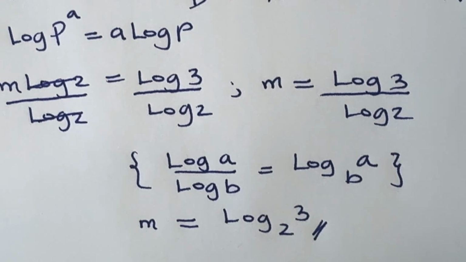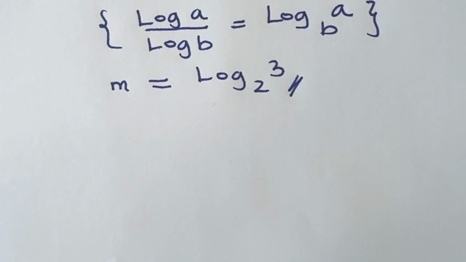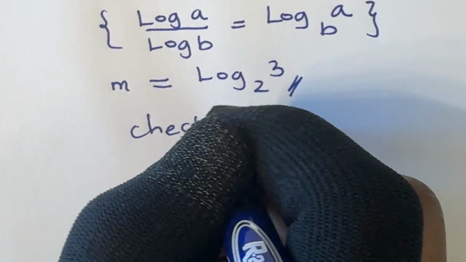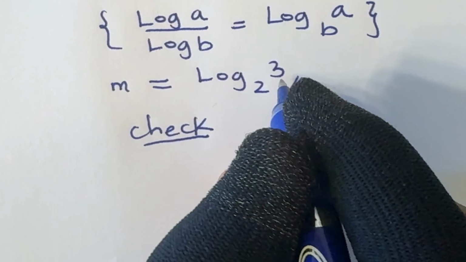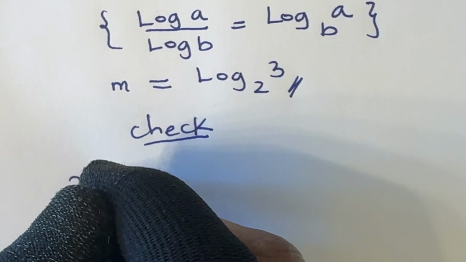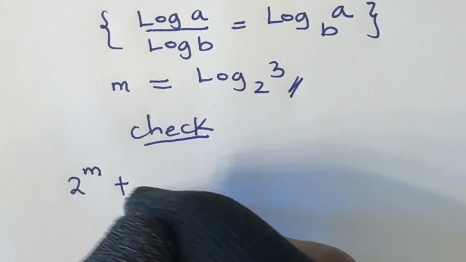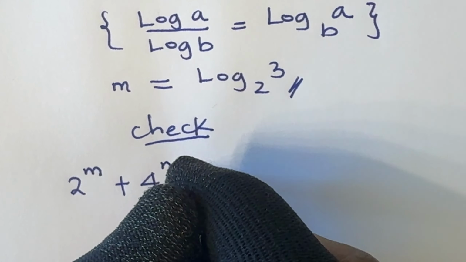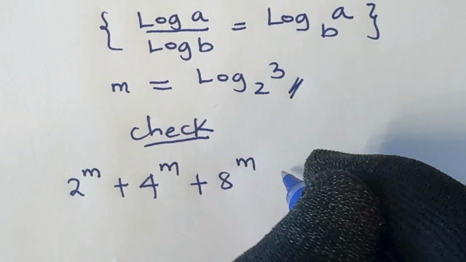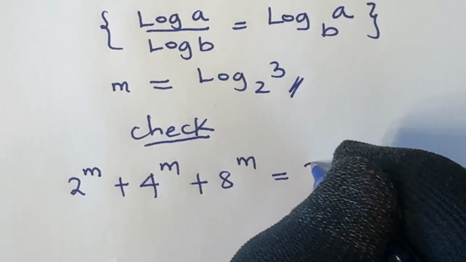Let us now check to see that this solution is correct. We'll substitute our new solution, log 3 base 2, into the actual problem, which was 2 raised to power m plus 4 raised to power m plus 8 raised to power m is equal to 39.